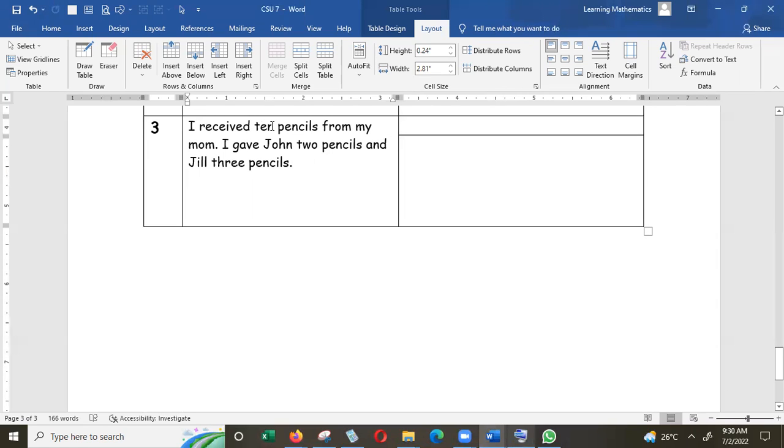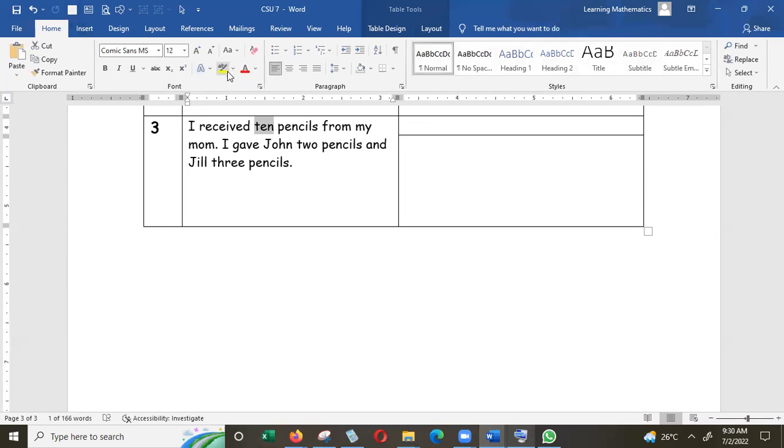For example, 10 has its symbolic translation. The word 2 has its symbolic translation. The word 3 has its symbolic translation, because they all communicate quantification.